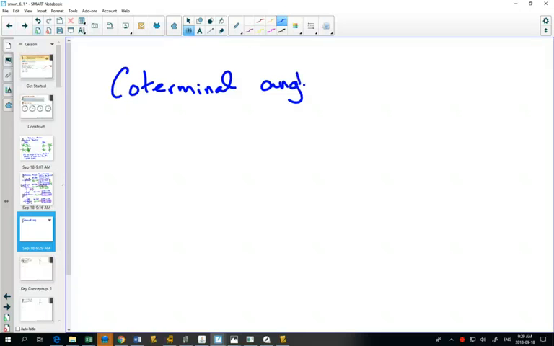Have you heard of coterminal angles? Or did you talk about coterminal angles in grade 11? I think this is a new definition. It's a really easy definition because the definition itself defines it.